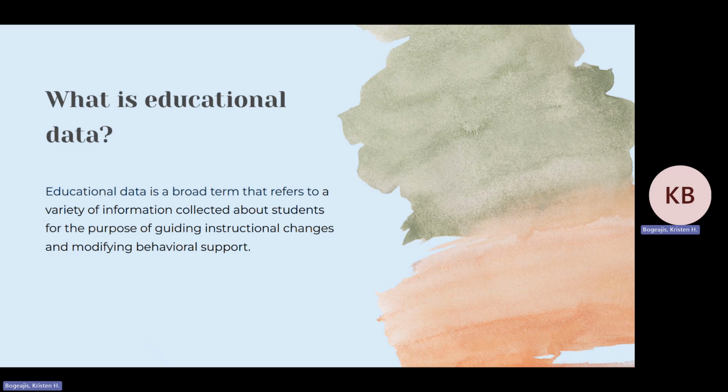What is educational data? Educational data is a broad term that refers to a variety of information collected about students for the purpose of guiding instructional changes and modifying behavioral support.